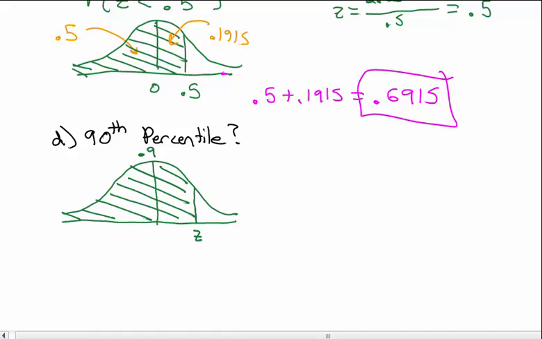We already know then that the left half has a combined area of 0.5, which means what's left for the right half is 0.4. Adding some zeros, we are looking for an area of 0.4000 in the table.